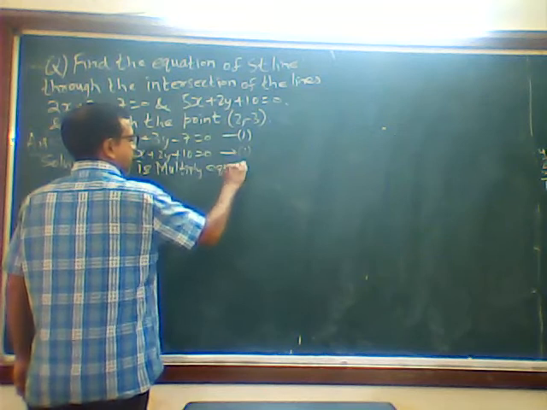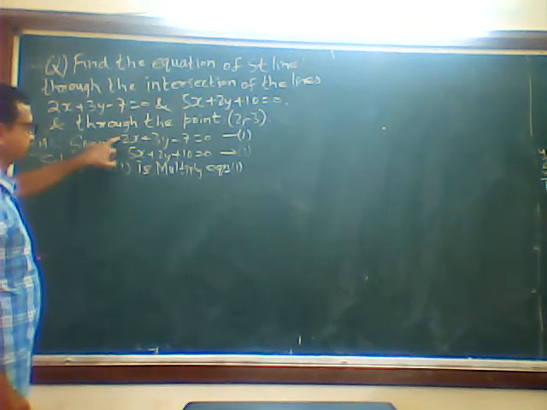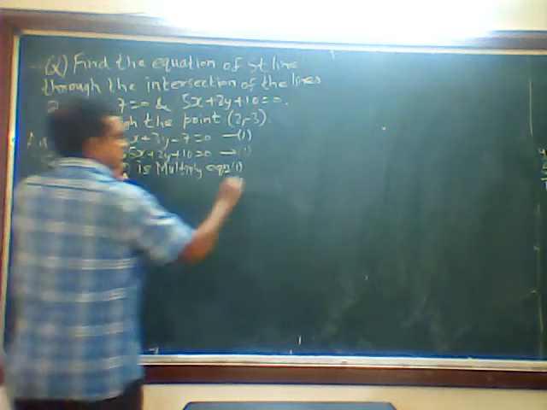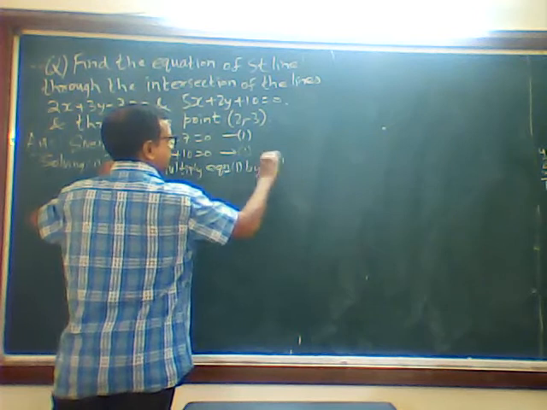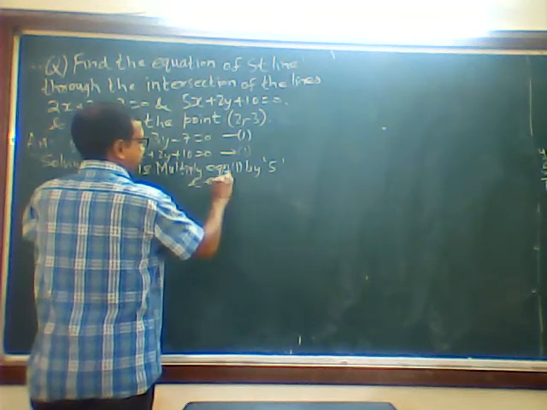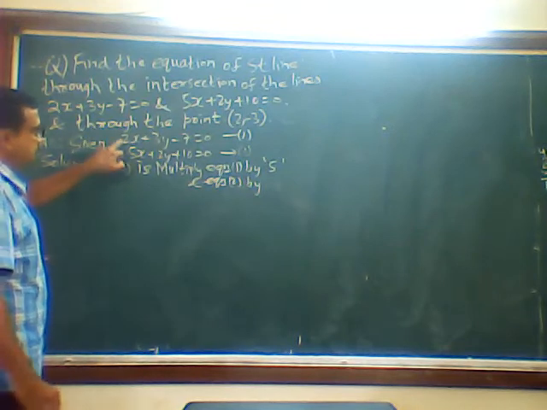If I want to cancel x, I will multiply equation 1 by 5 and equation 2 by 2.